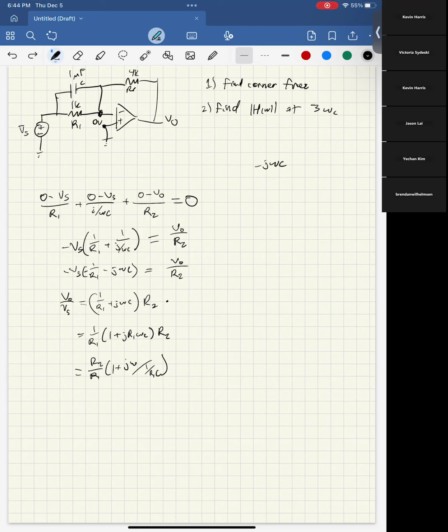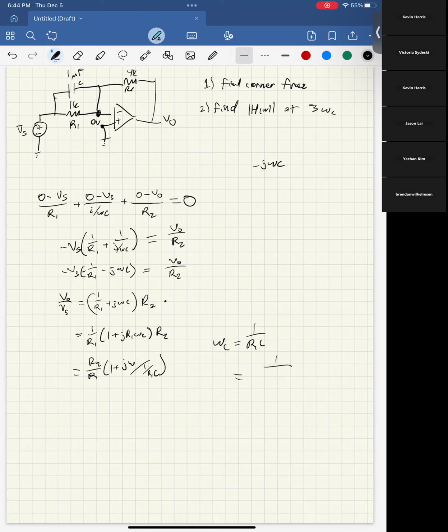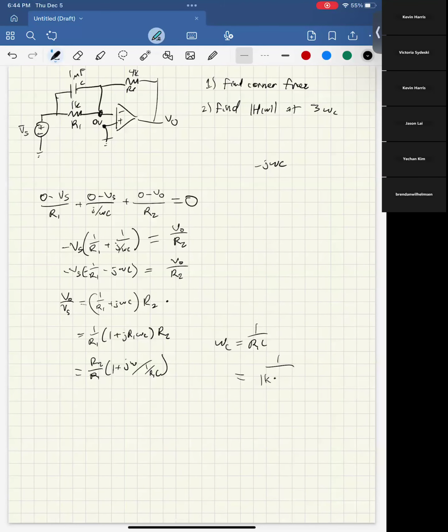So here, we know omega C equals 1 over R1C, which equals 1 over 1K times 1 microfarad. 1 micro is 10 to the negative 6, so it'll be 10 to the 3 times 10 to the negative 6, which is 1 over 10 to the negative 3, which is 1,000 radians per second.